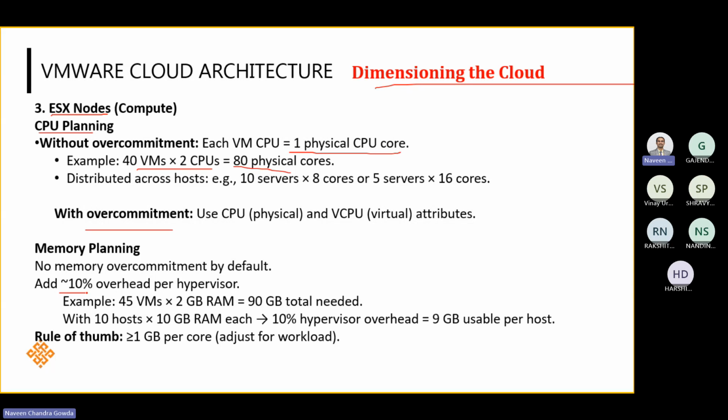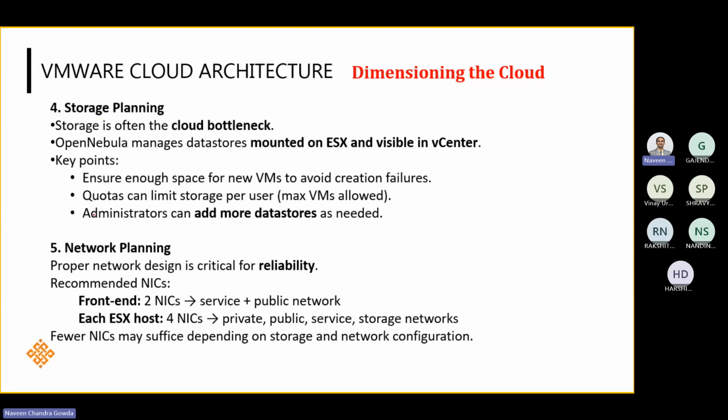Then when it comes to storage, as we say, storage is something like a bottleneck, however much you allocate. You will only get to know at the time of task performance or operation how full it will be.